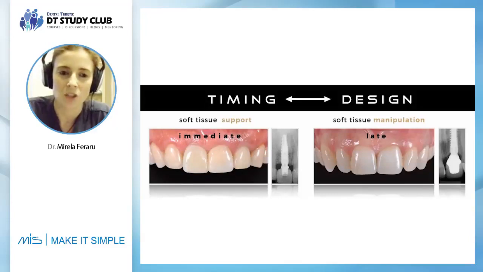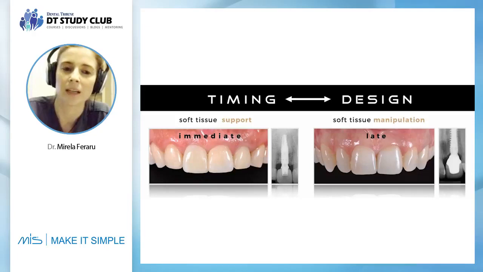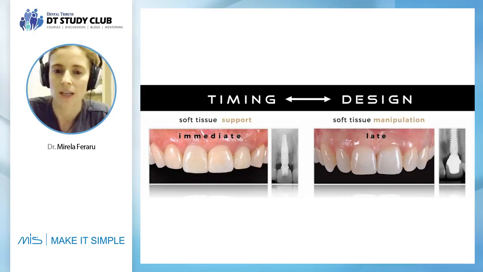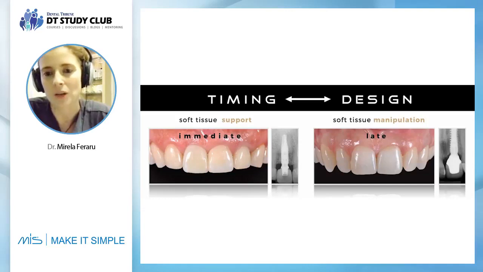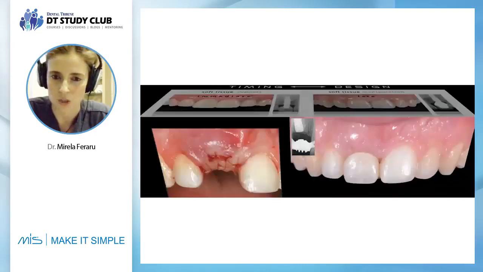So mainly these are the two important aspects that we have to remember: soft tissue support anytime that we are performing a regeneration procedure, and in a later approach, we can talk about soft tissue manipulation. We can talk about changing the positions and the contours with our restoration.